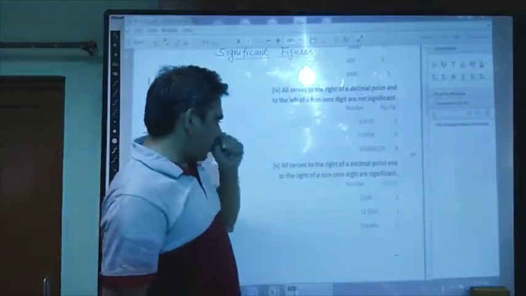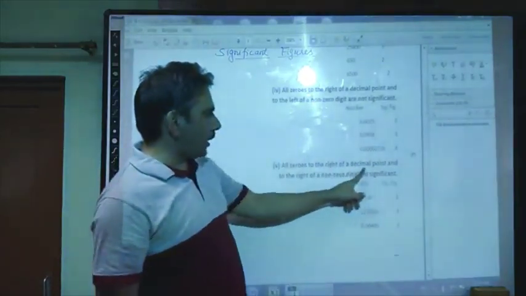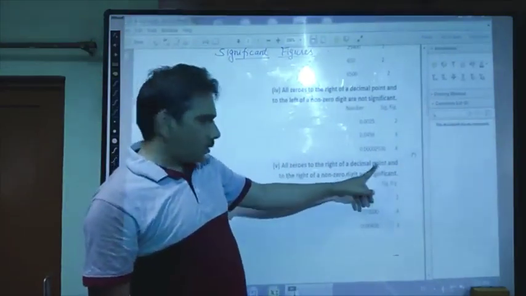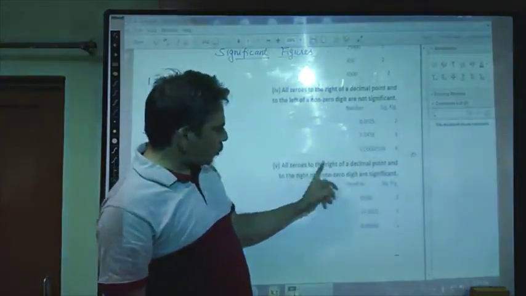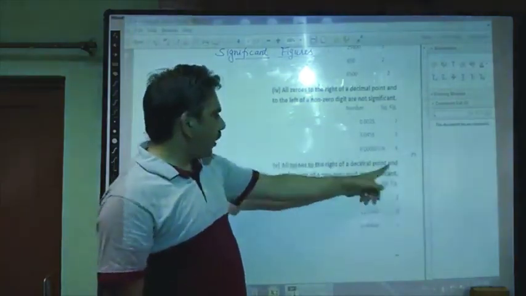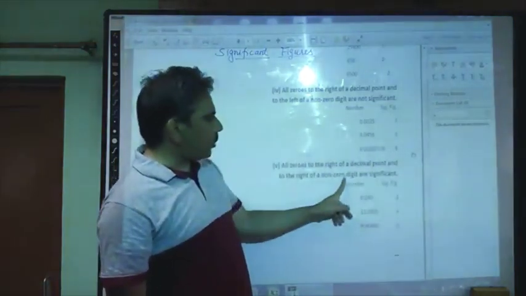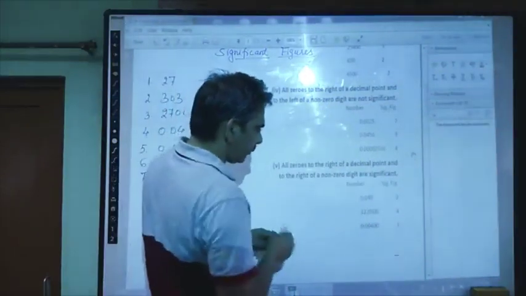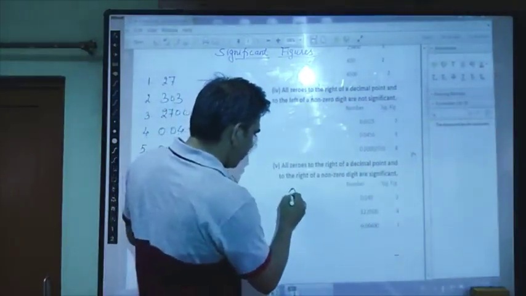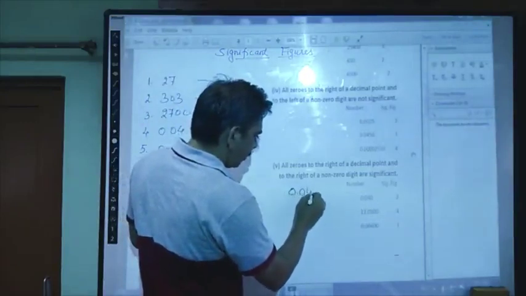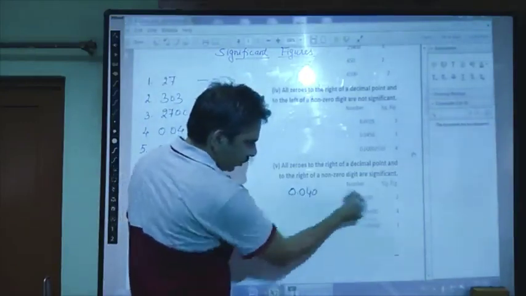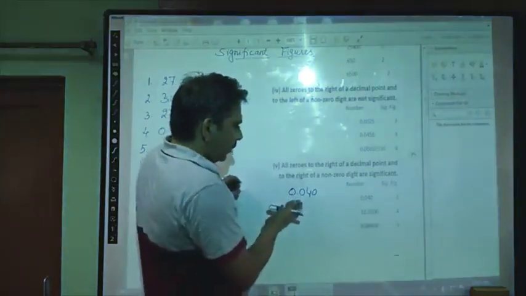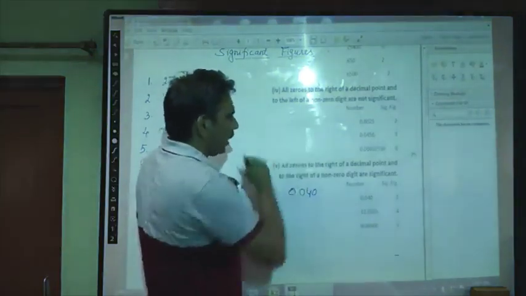Another rule about decimal numbers is that all zeros to the right of the decimal point and to the right of a non-zero digit are significant. Suppose that we have the number 0.040. It is a decimal number, so both of these two rules will apply here.